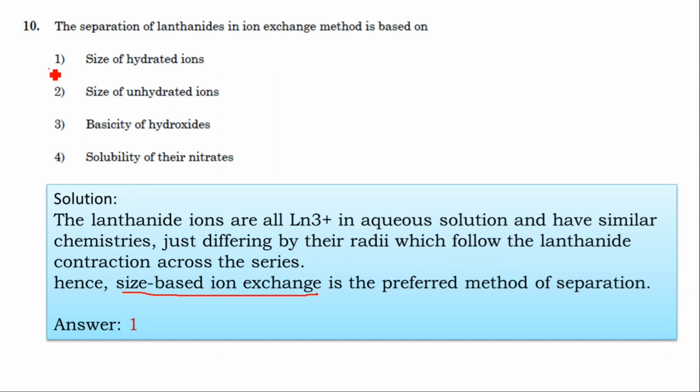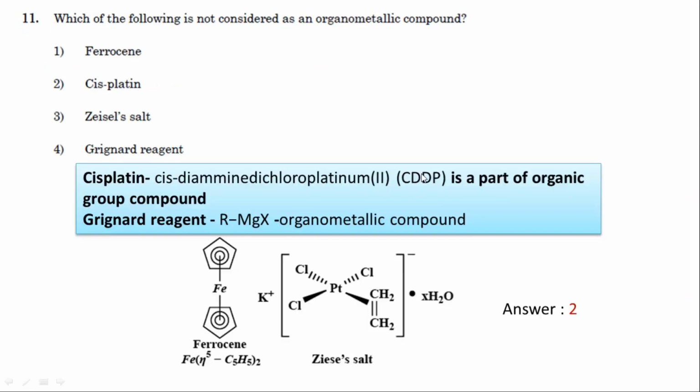Next question. Which of the following is not considered as an organometallic compound? We all know that ferrocene is an organometallic compound. Zeise's salt, this is also an organometallic compound. Grignard reagent, RMgX, is also an organometallic compound.